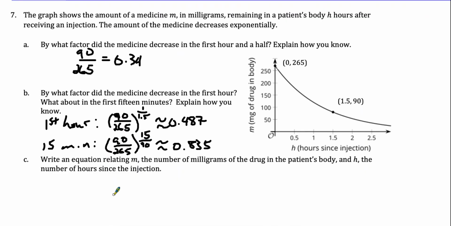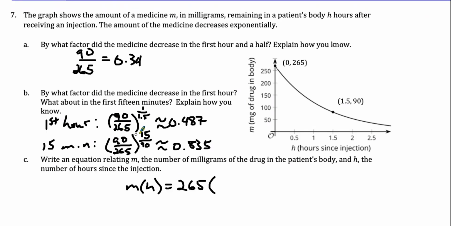Now, for part C, our goal is to write our function per hour. Well, here, this was our growth factor per hour. So my starting value is 265. I should mention they tell us to use m for the function and then h for our variable to represent hours. So my function m of h equals my starting value of 265 times my growth factor.